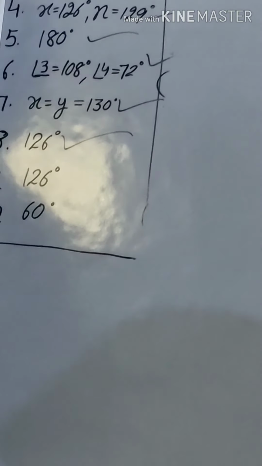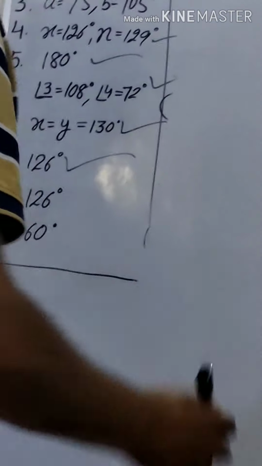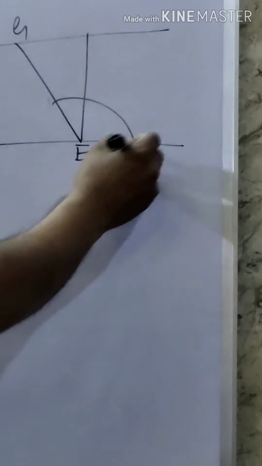Now same, the ninth question is saying, find the angle AGE. In this it is very easy. When this angle GED is given, and he is asking to find AGE. When this is 126 degrees given, these two lines are parallel, my dear students, and this is the transversal.